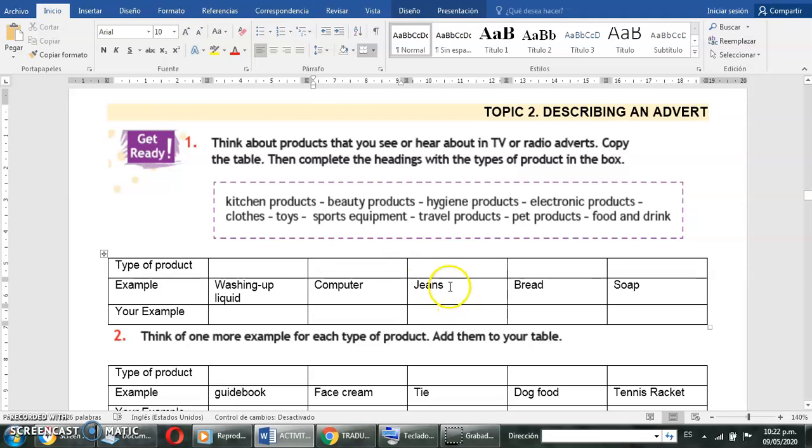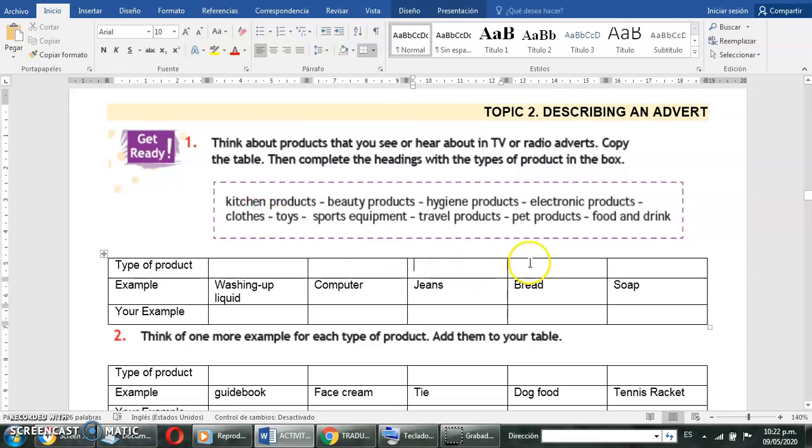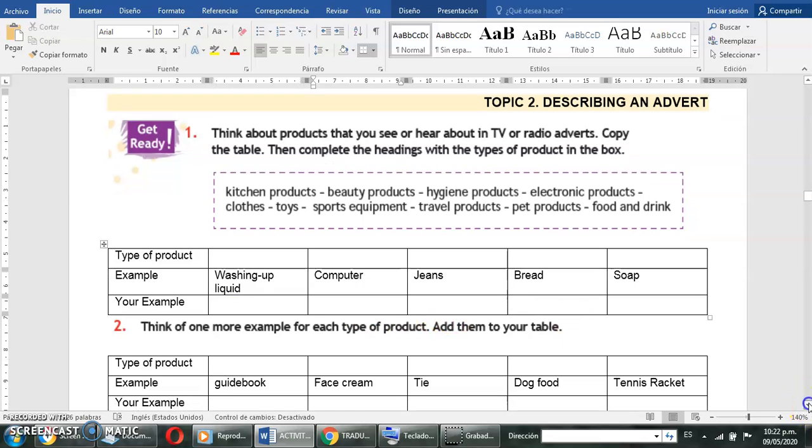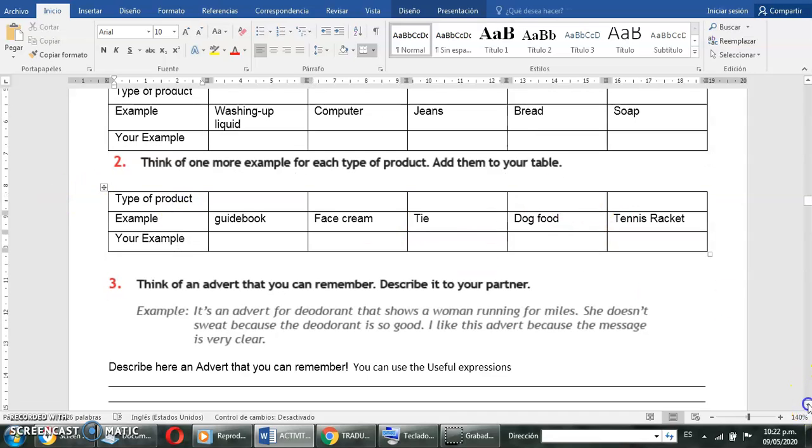Or maybe jeans. What type of product is a jean? Clothes, so you have to write here clothes. And think of one more example for each type of product, so you have to write your example here. Okay, and of course the same activity with this table, the same.